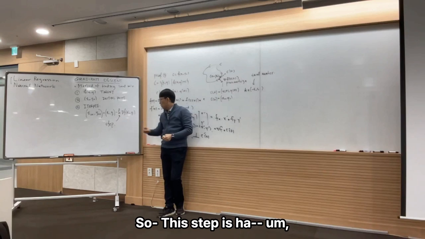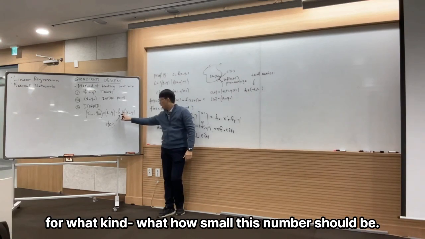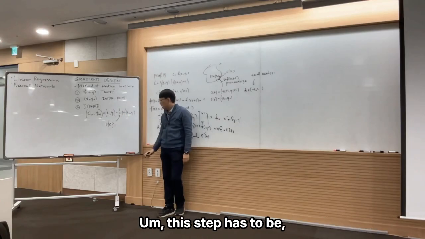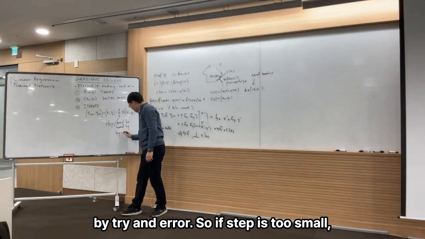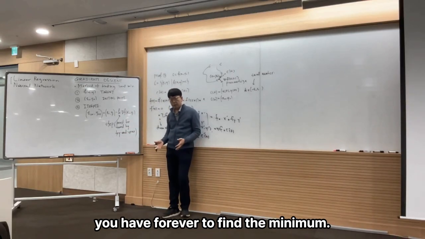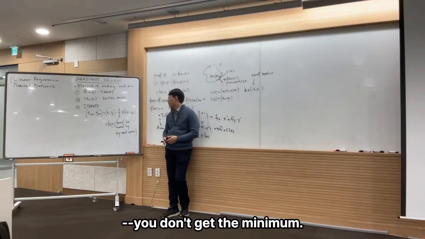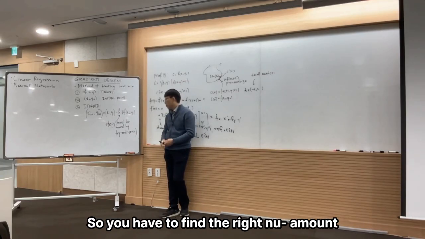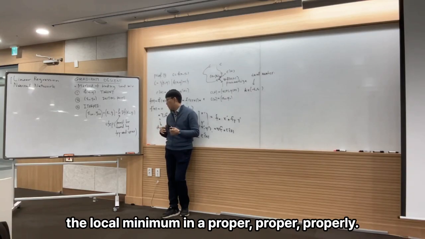There's no fixed value for how small this number should be. This step must be found by trial and error. If the step is too small, you take forever to find the minimum. If it's too big, you don't get the minimum, it's too rough. So you have to find the right step size in order to get the local minimum properly.